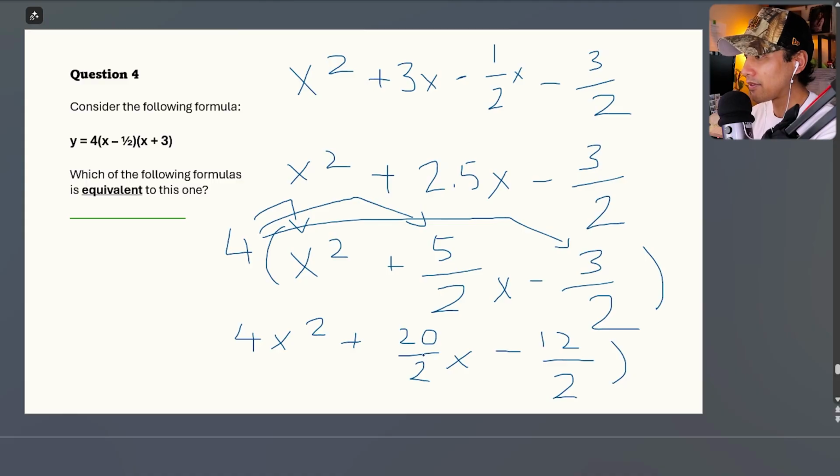We still have to divide, right? We can divide this right here by this, and we can divide this number by this number. So our final expression will be 4x squared plus 10x minus 6. Now it becomes beautiful and not ugly.